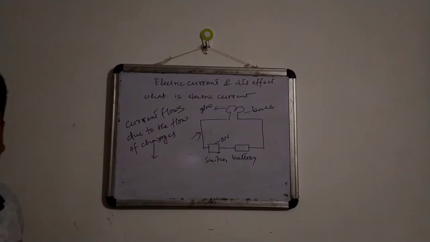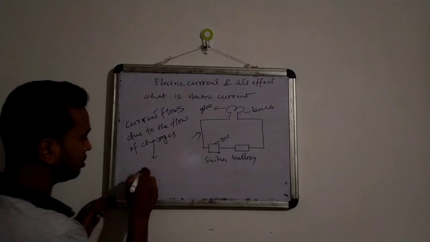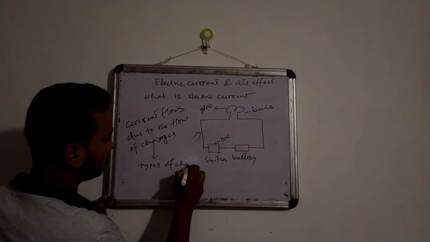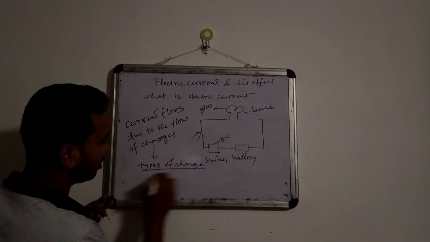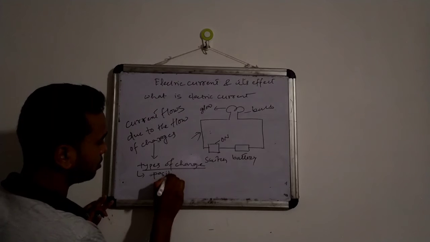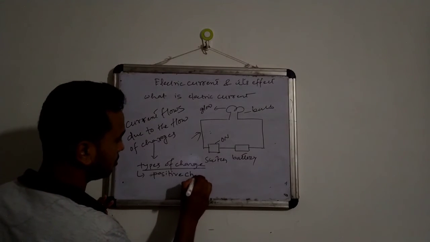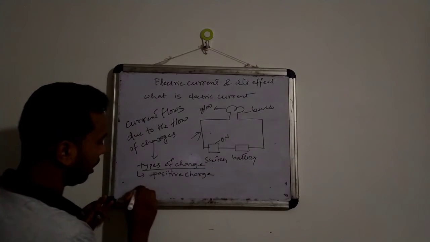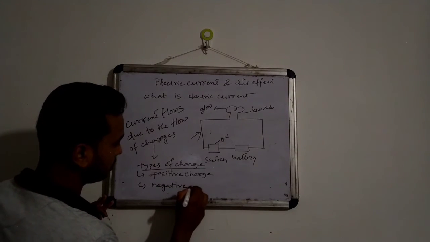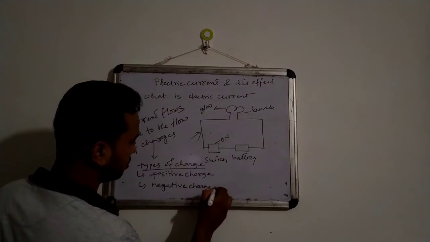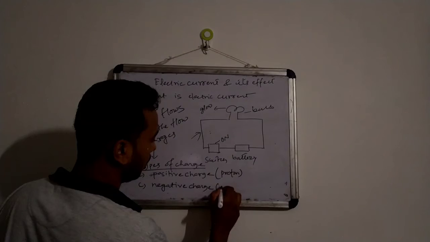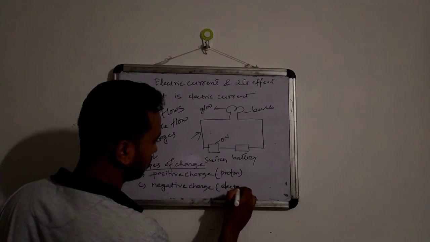That means there are two types of charge: one is positive charge and another is negative charge. The name of positive charge is proton and the name of negative charge is electron.